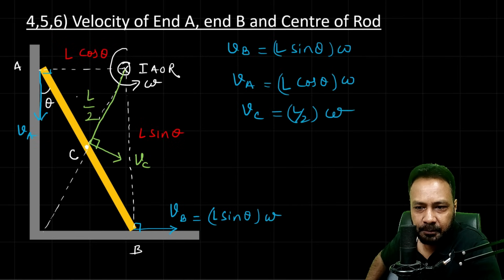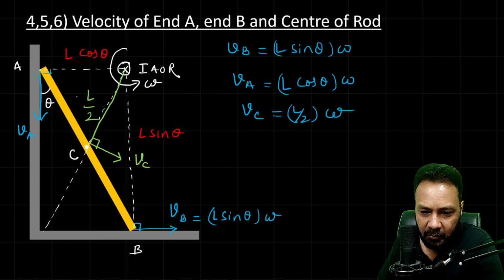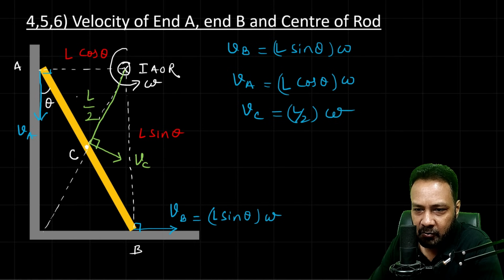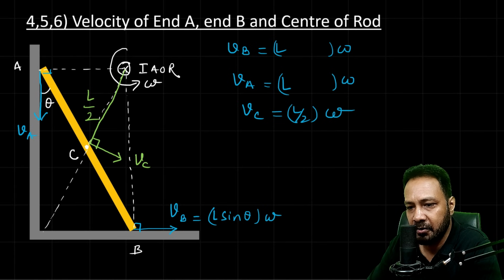And VB we had got here, that was omega L cos theta. I messed up here. Okay, it's good that I come back here. So this is actual. This is L cos theta, and this is L sin theta.